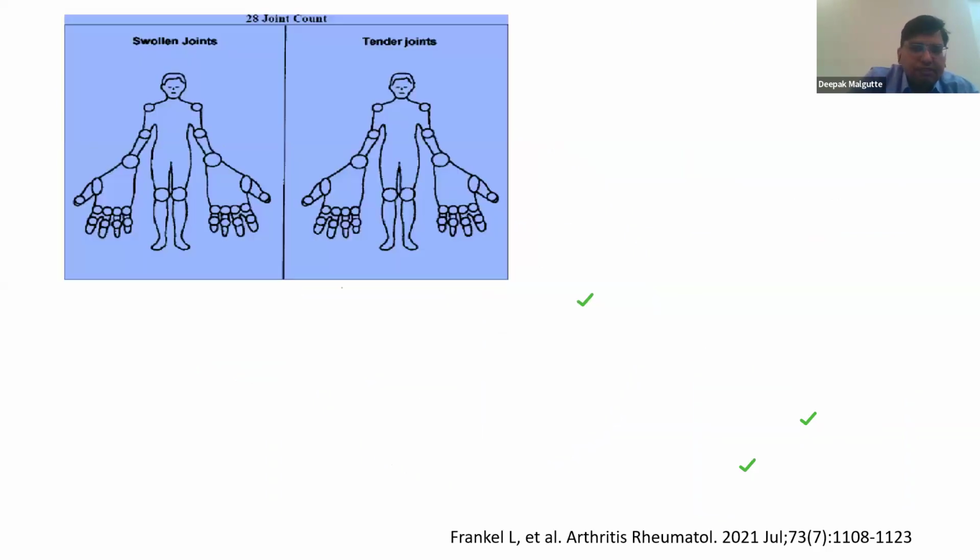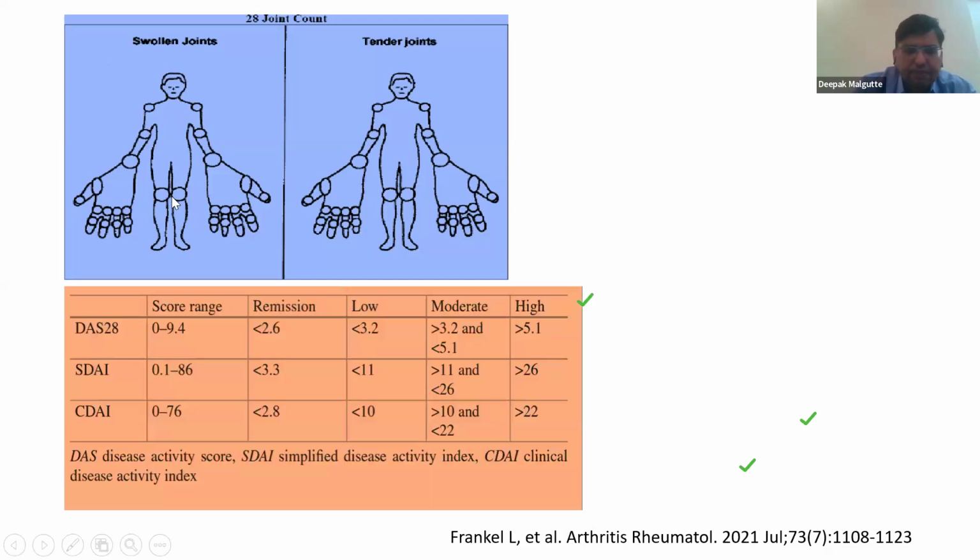These are the common joints which we evaluate while monitoring a rheumatoid arthritis patient, like PIP, MCP joints, wrist, elbow, shoulder, and knee, based on which various scores have been developed. I'm not going into the details of this scoring, but the easiest one that you can use in your day-to-day practice is CDAI, which doesn't require any calculator or any inflammatory marker.